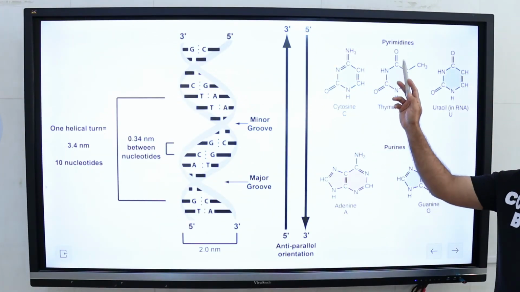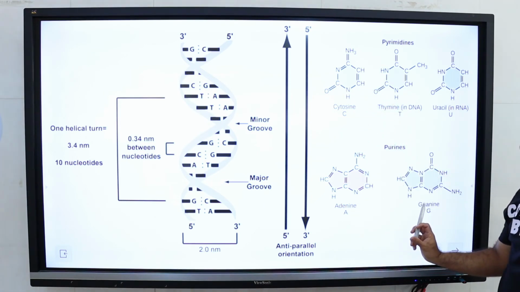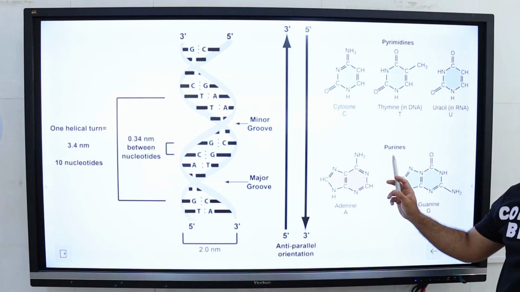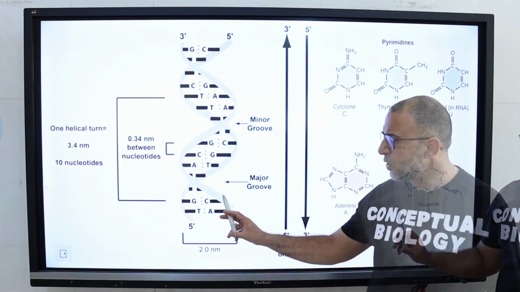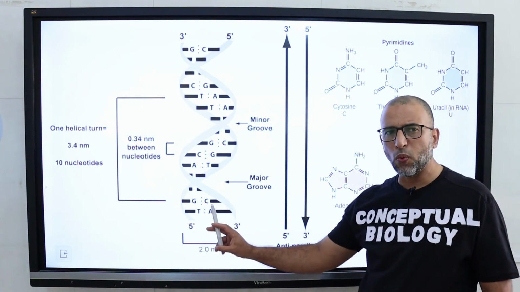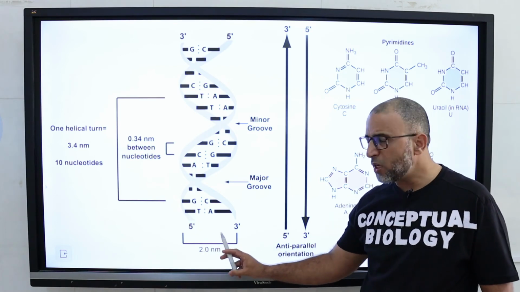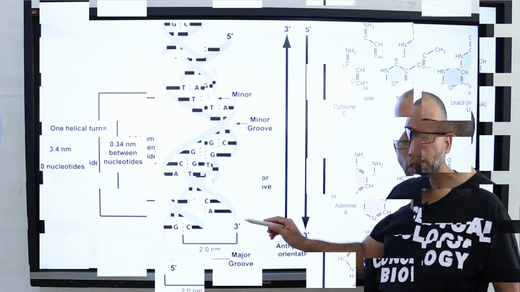Cytosine and thymine are pyrimidines, which contain only one ring of atoms, whereas guanine and adenine are called purines, which contain two rings of atoms. If each rung of the ladder contained one purine and one pyrimidine, the width of the helix at each base pair would be exactly 2 nanometer.